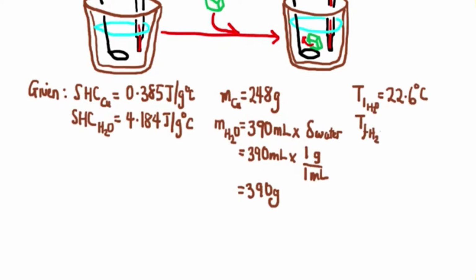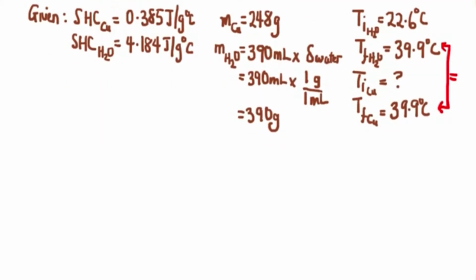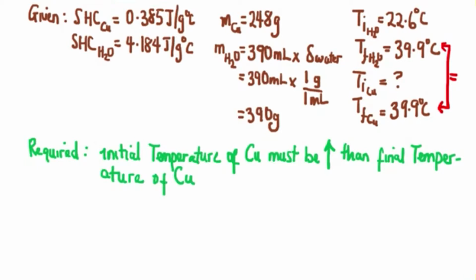By default, the final temperature of water should be the same as the final temperature of copper. Looking at the mass of water, which is given as a volume in milliliters, we know that the density of water is around 1 gram per milliliter. So by doing the conversion, that volume is equal to the mass in grams of water.